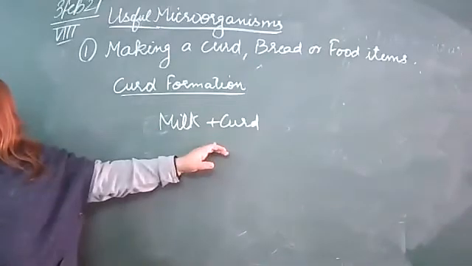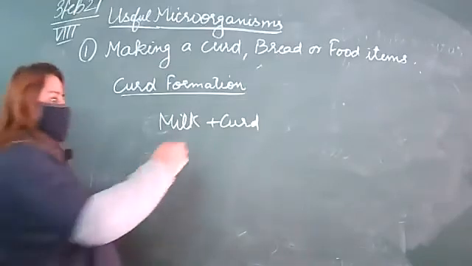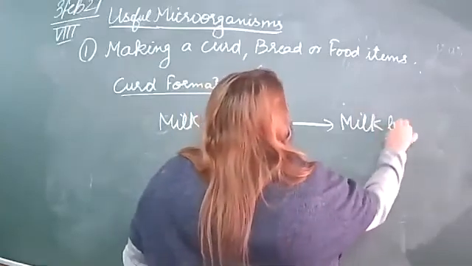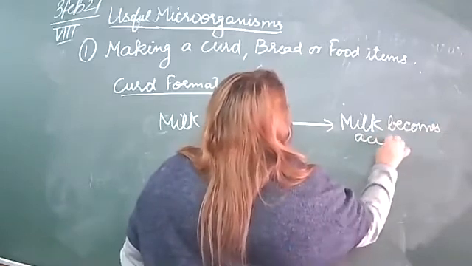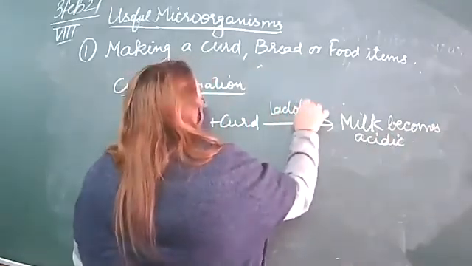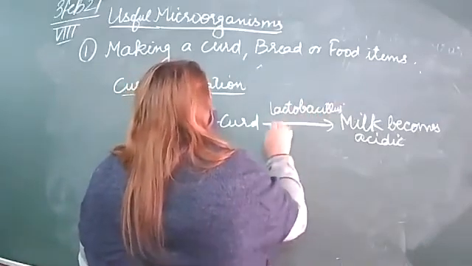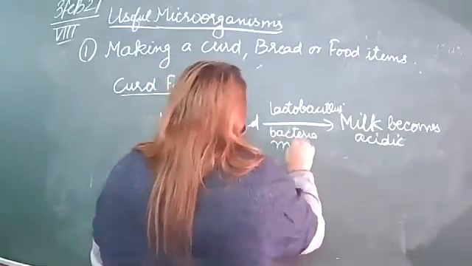Milk plus curd, then lactobacillus bacteria multiply. Milk becomes acidic. How? Because the lactobacillus bacteria multiply.